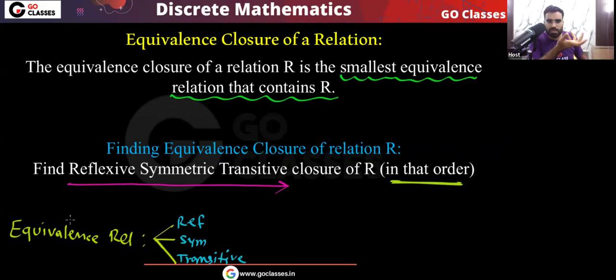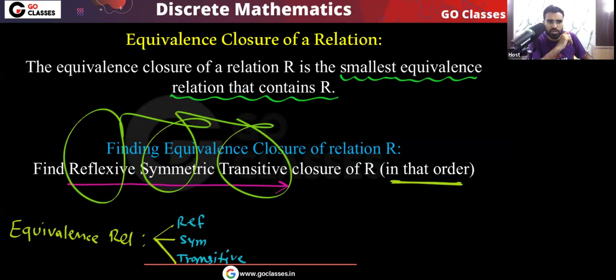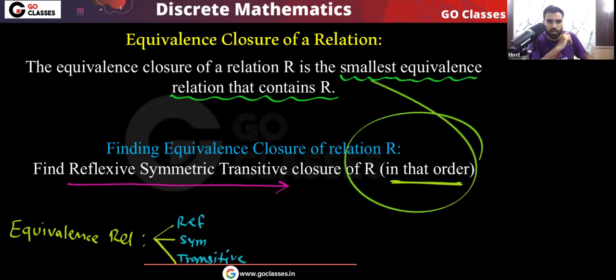I told you that the definition of equivalence relation you already know. Equivalence relation is a relation which is reflexive and symmetric and transitive. Now, for a given relation R, how to find equivalence closure? I told you, very easy. You will find reflexive, symmetric, transitive closure of relation R in that order.